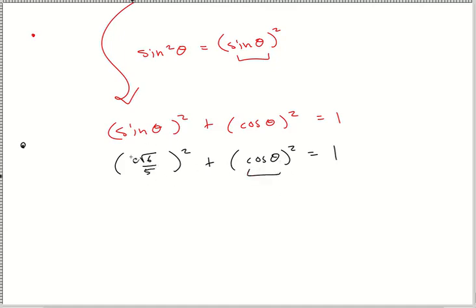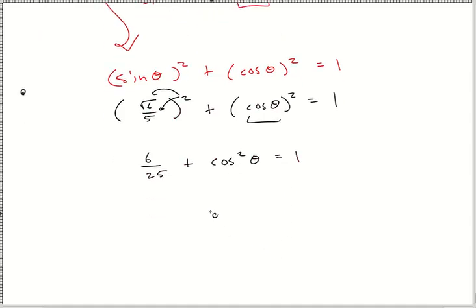Well, first off, let's simplify this thing. The square distributes to both the top and the bottom, and I would get a 6 over 25. Hope you don't mind me going back to the original. I'm going to move this to the other side by subtracting it. One minus 6 over 25 is, what, 19 over 25?